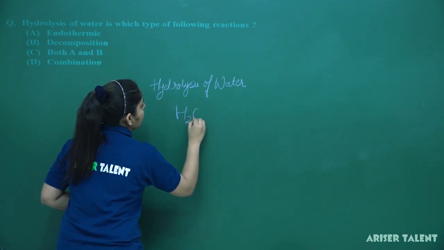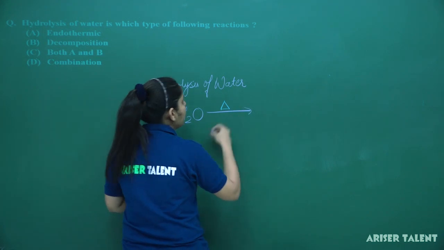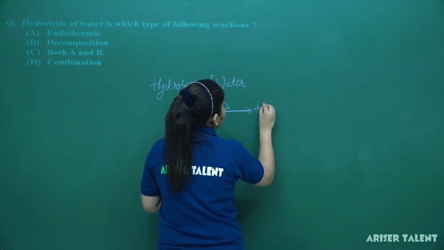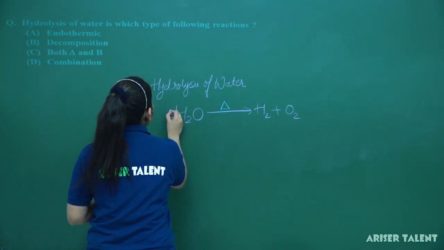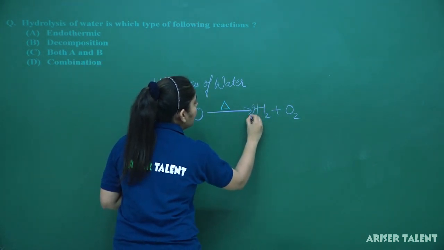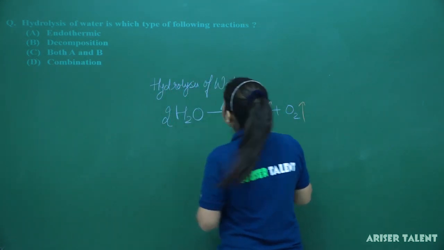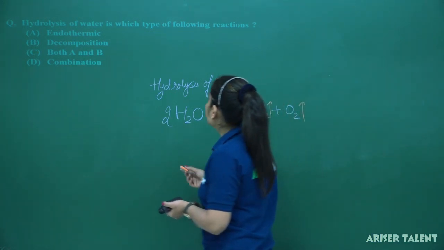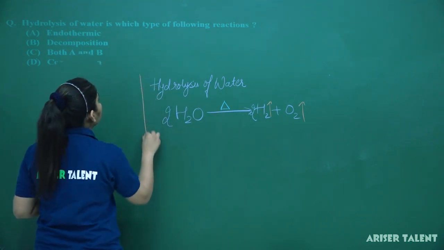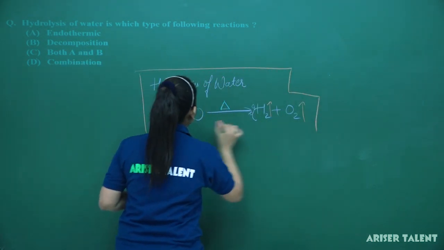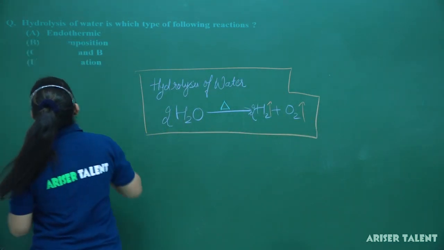Hydrolysis means H2O when heated will produce H2 plus O2. Now for balancing this equation, I am putting 2 over here and 2 here, and 2H2 plus O2 will be obtained in the gaseous form. So what will happen in this kind of equation? There will be decomposition of water into hydrogen and oxygen. So the hydrolysis of water is a kind of decomposition reaction. So the correct answer is decomposition.